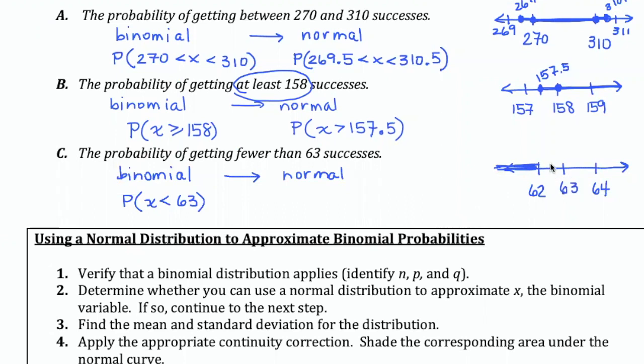But I need to consider that everything from 62.5 to 62 would round to 62. So therefore, my correct normal probability should be x needs to be less than 62.5. So this is again what we call applying the continuity correction.